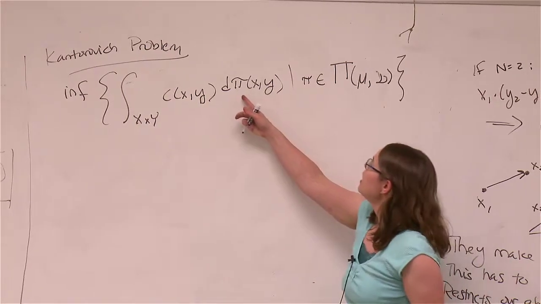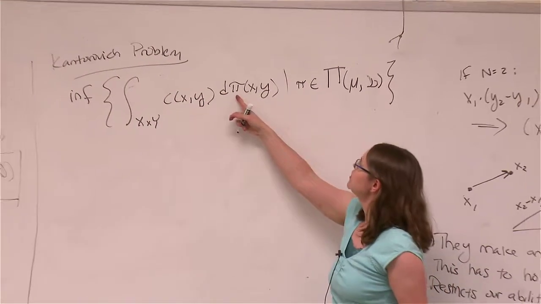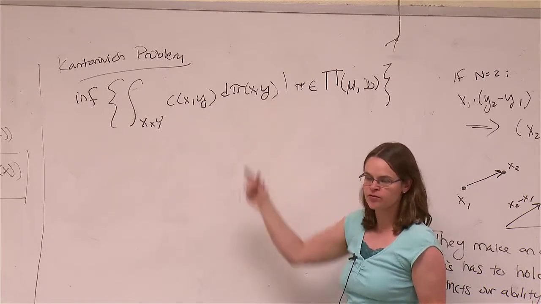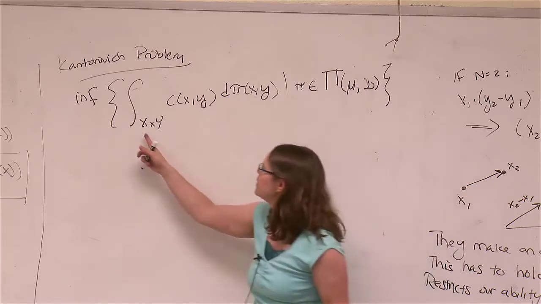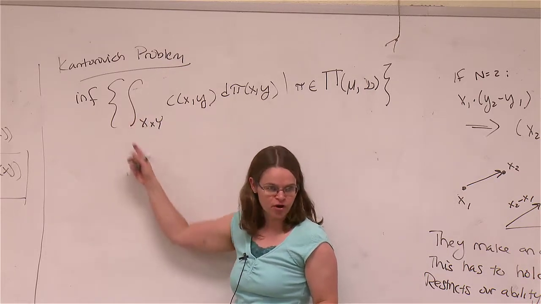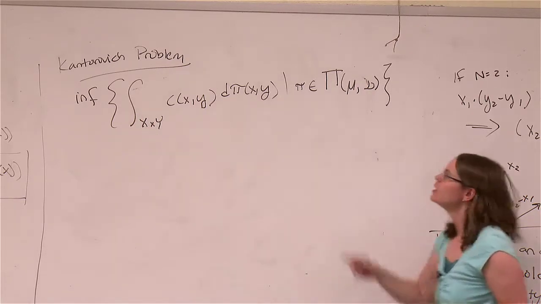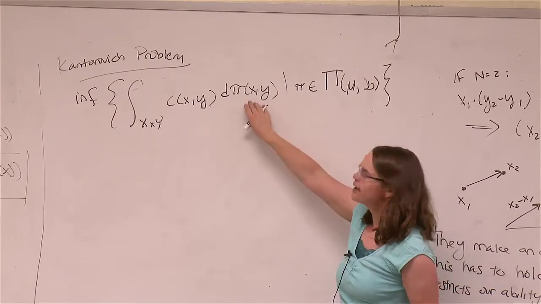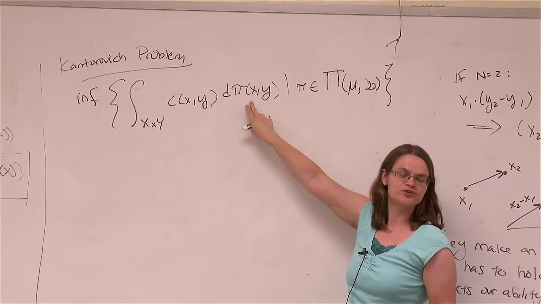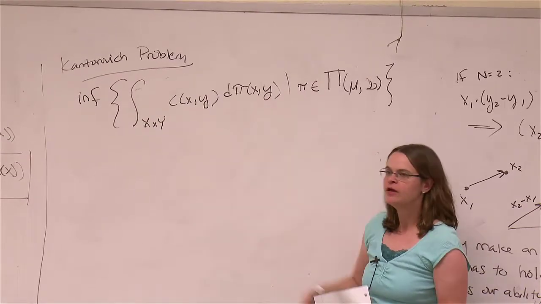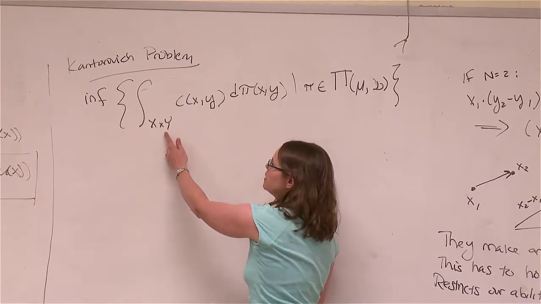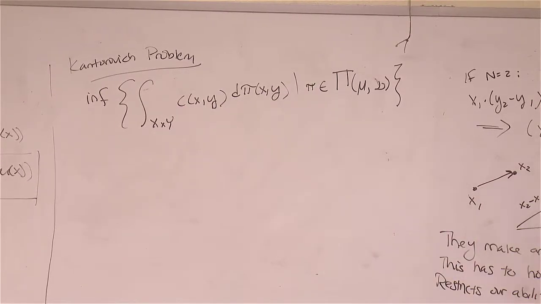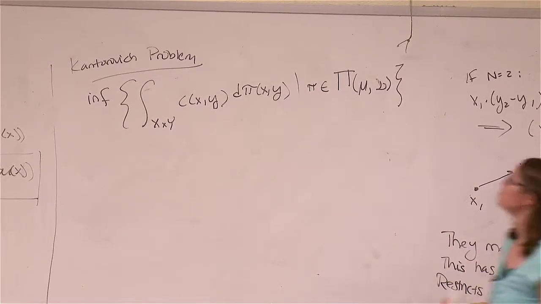What we said is that if we take this measure and integrate away all the y dependence, so we just integrate over y, we're left with something that only depends on x, and it had better agree with the measure that we started with on the set x. If we take it and integrate away all of the x dependence, we're left with a measure that only depends on the y variable. Again, it had better look like the same measure we started with that only depended on y, this thing we called nu.